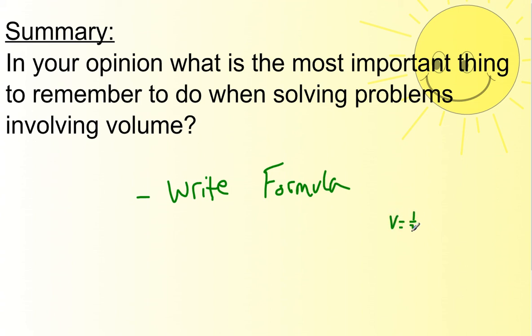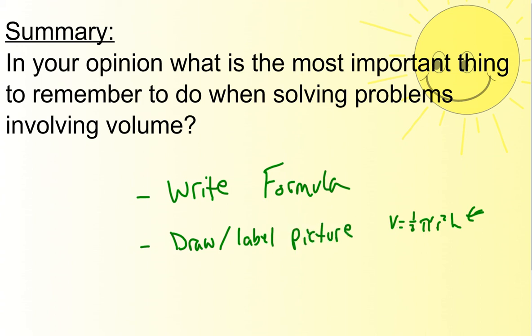Volume equals 1/3 pi r squared h. Hey, that was one from the cone that we just did a second ago. The second most important thing is draw and label your picture.